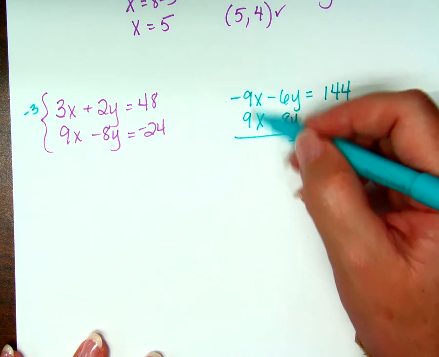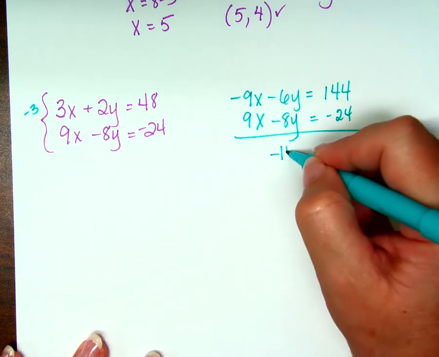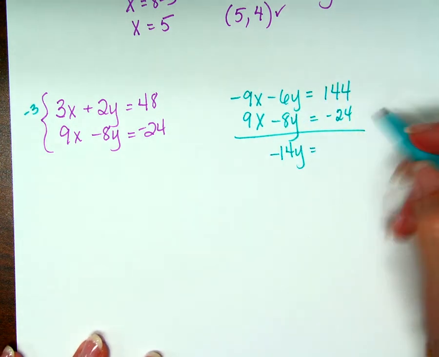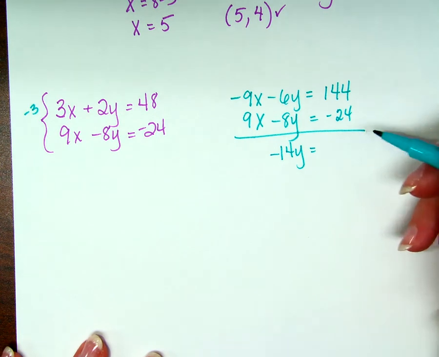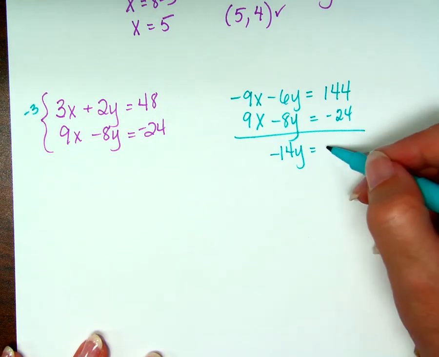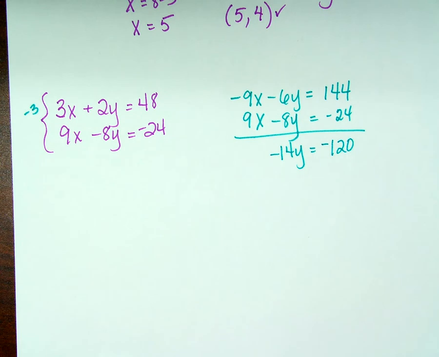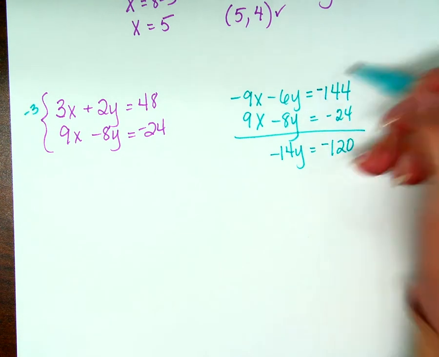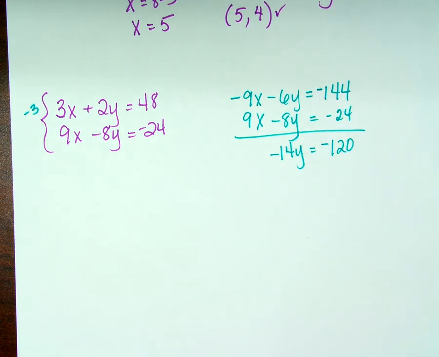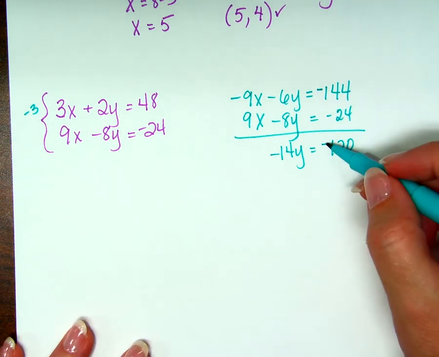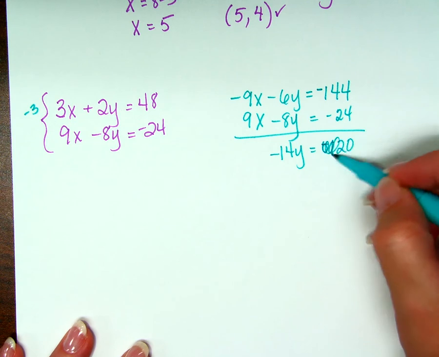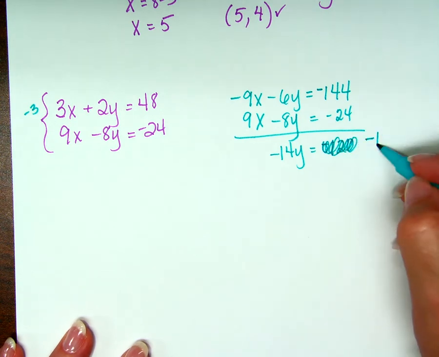That's a 0, that is negative 14y, and that is 168.